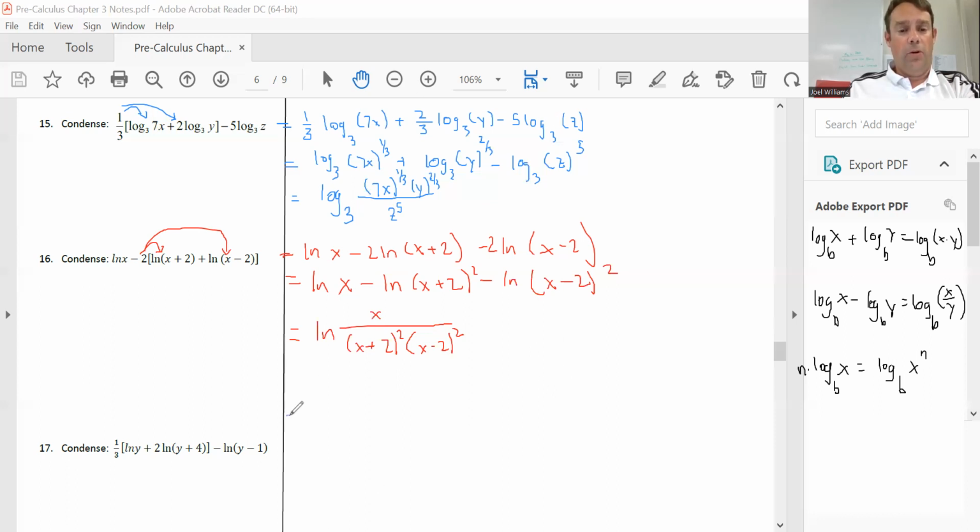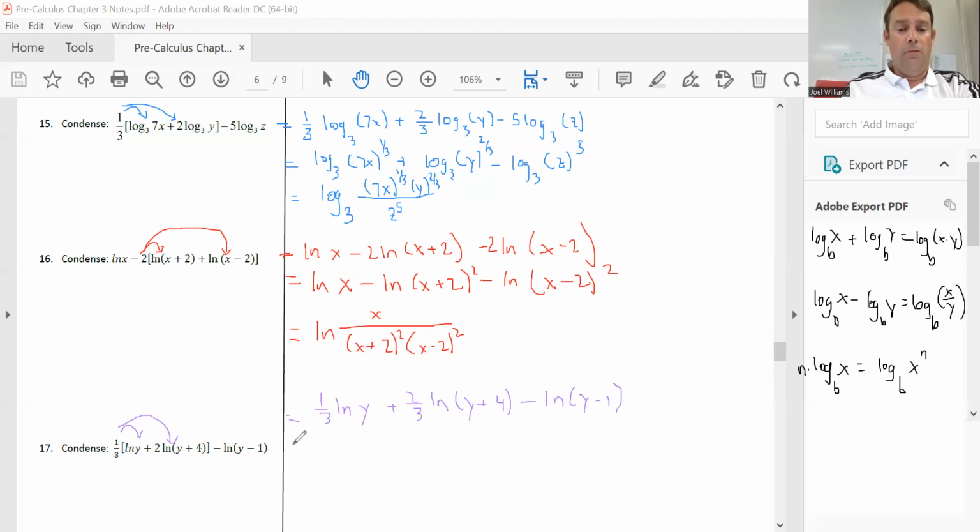All right, on this other one here, I'm going to go a little higher to give myself a little more room. I see the 1/3, so I'm going to distribute that in. So I have 1/3 natural log of y plus 2/3 natural log of y plus 4, and minus natural log of y minus 1.